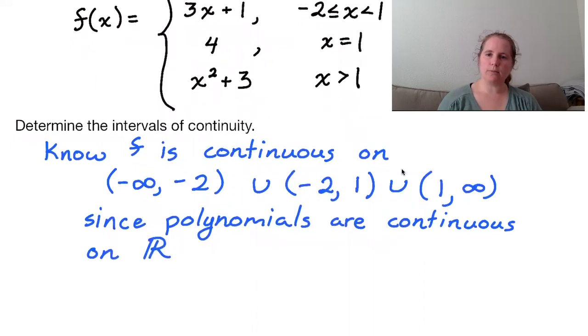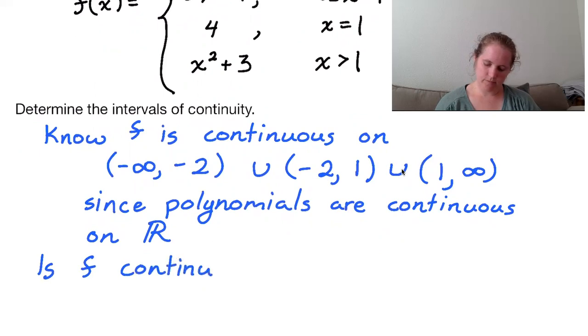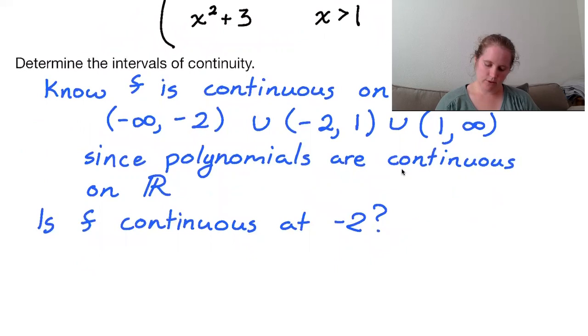So the question becomes, what happens at -2 and what happens at 1? So is f continuous at -2 is our first question. So we need to check a couple things. First, does the limit as x approaches -2 exist?